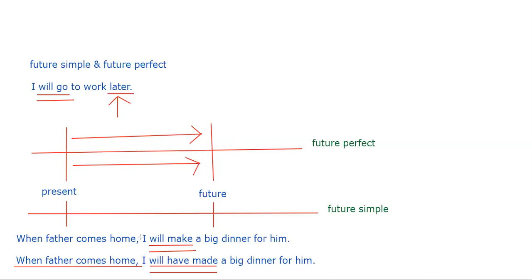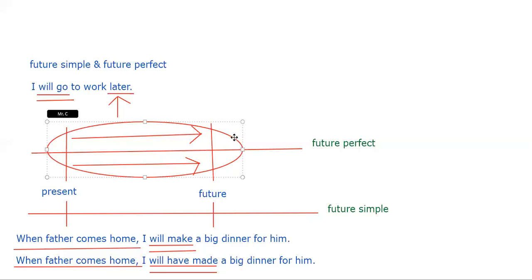So the first one means, actually, let me be consistent here. I'll underline this too. Okay, so here, this means that when he comes home, then you'll start making dinner for him. But this one here means that you'll start making dinner now and you'll finish in the future.